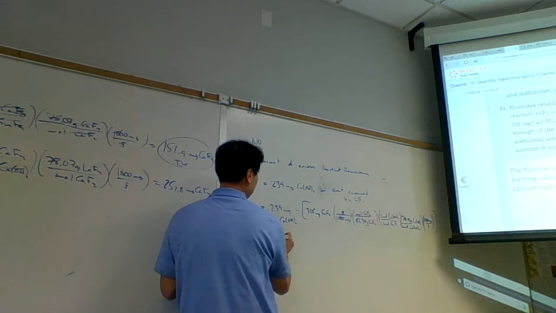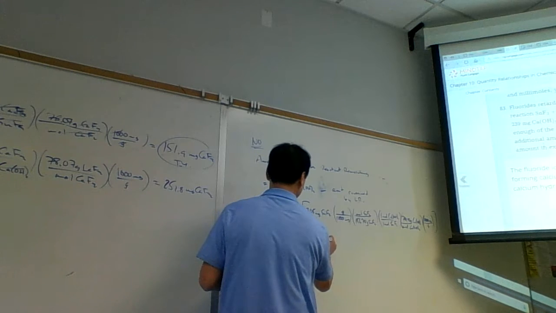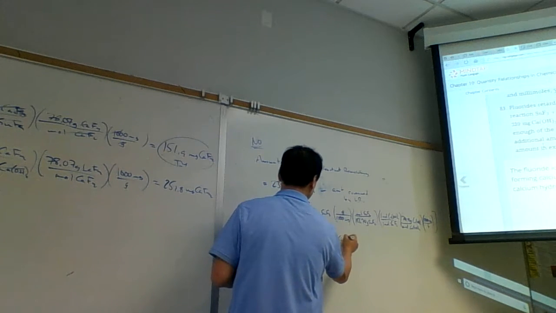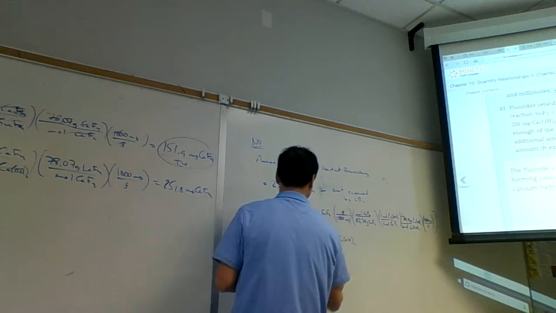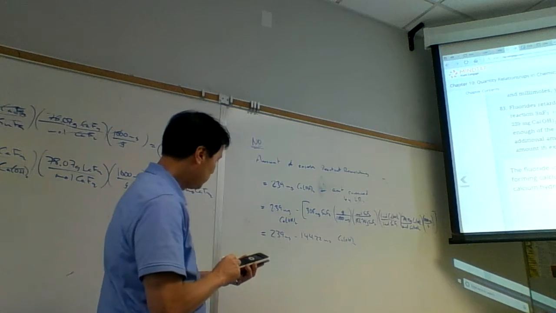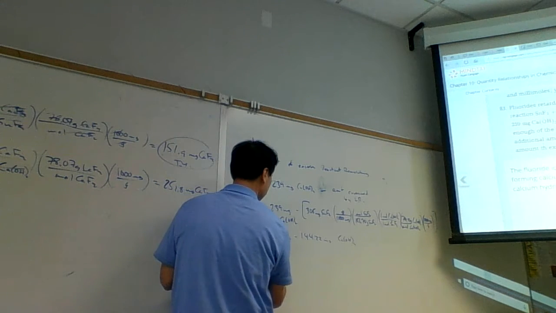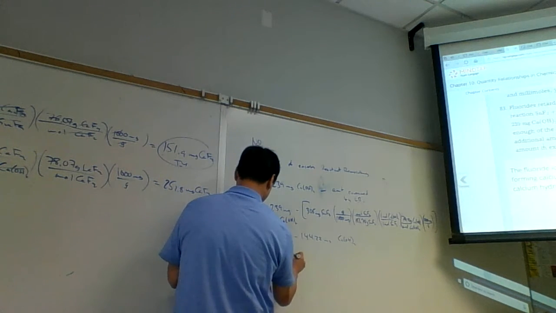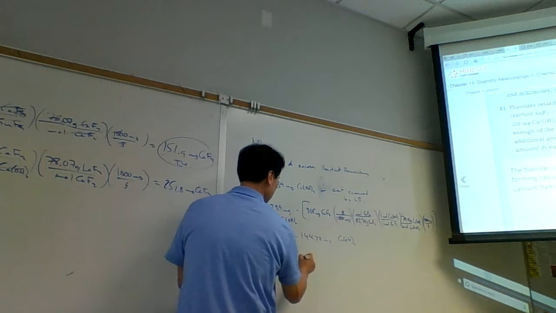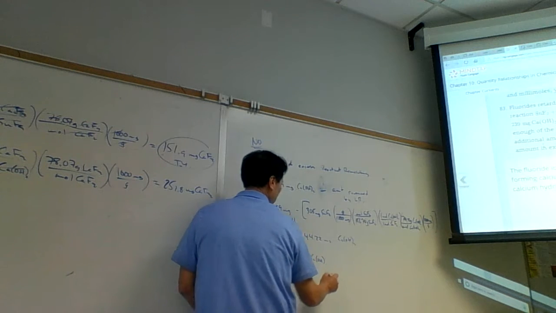So it's going to be 239 milligrams minus 144.22 milligrams of calcium hydroxide. Minus 239, 94.7. So it's going to give me 94.7 milligrams of calcium hydroxide unreacted.